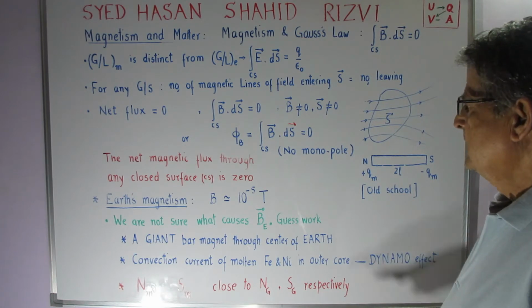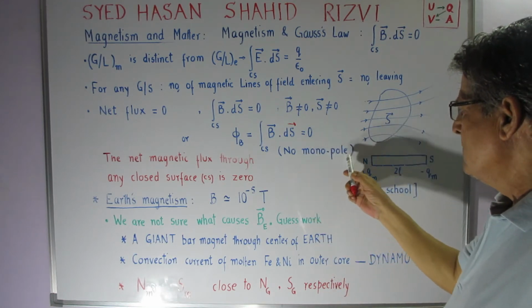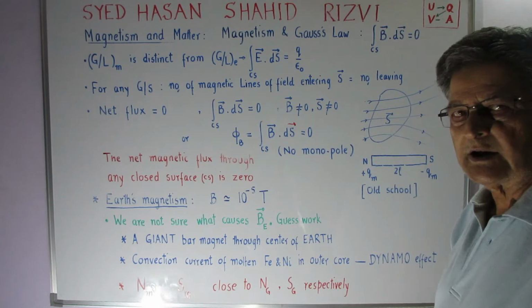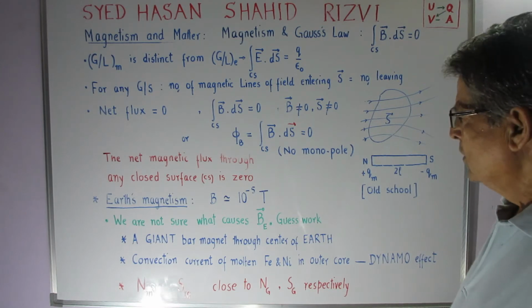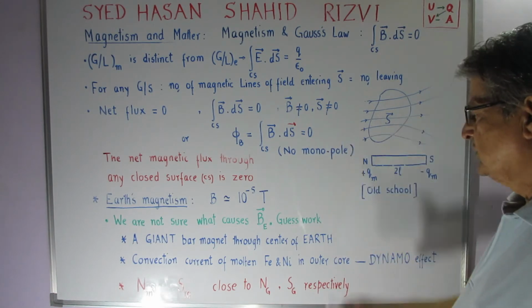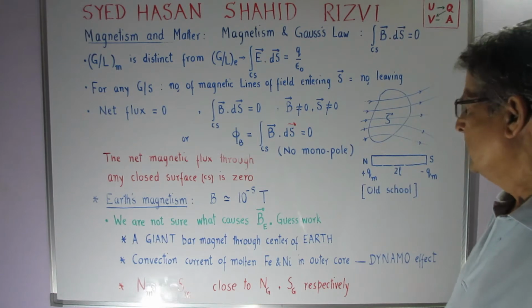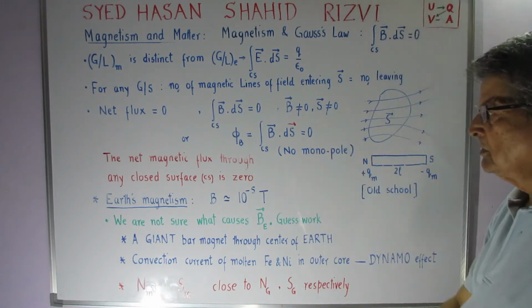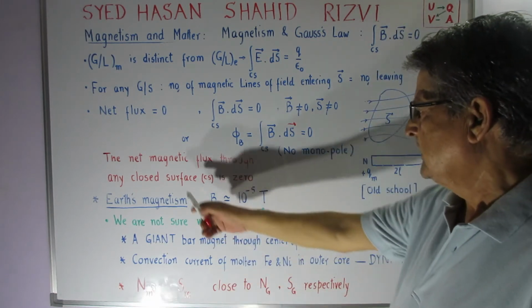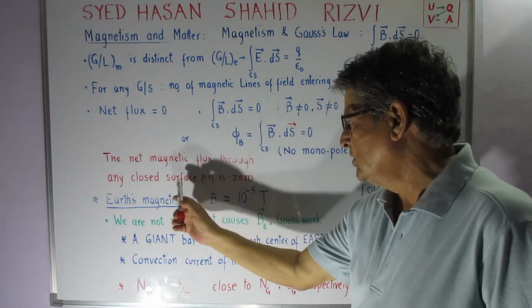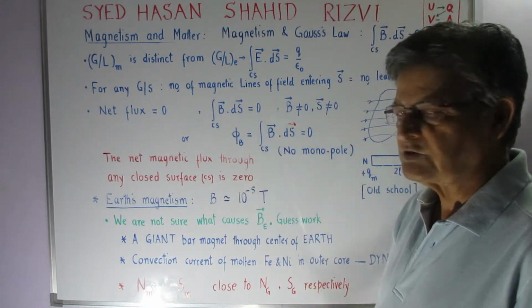But since there are no monopoles in the case of magnetism, poles occur in pairs, north-south pair. Therefore, the net magnetic flux through any closed surface is 0.